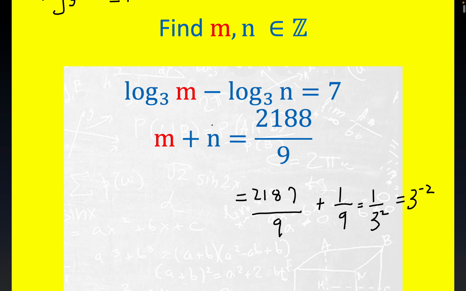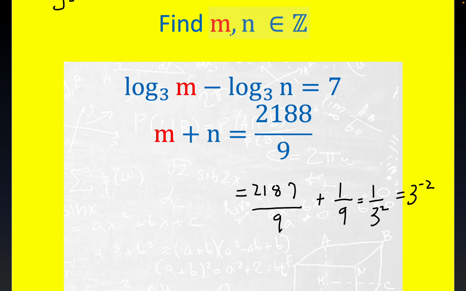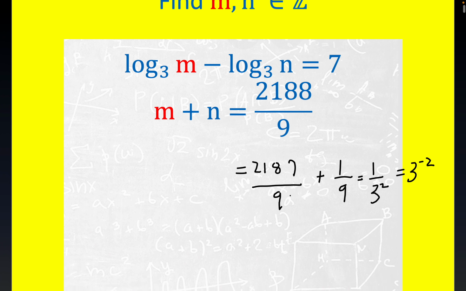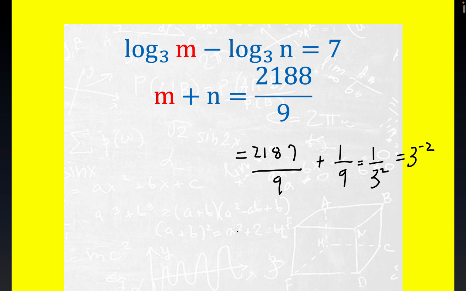Now, also, you would anticipate since m and n are given to be integers, you're expecting 2187 to be a power of 3 itself, okay? And indeed, if you spend just a little bit of time with this, this would be equal to 3 to the 7th over 3 squared.